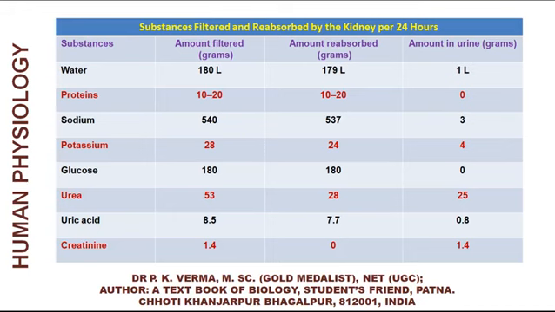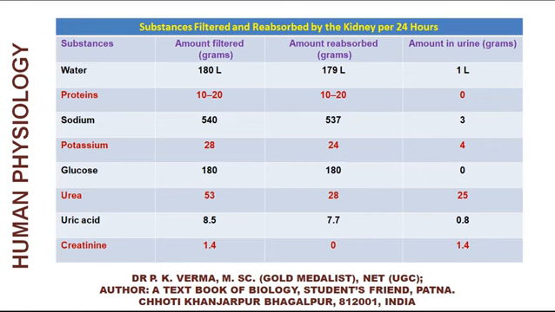As compared to it, potassium, that was 28 gram in 180 liters, absorbed 24 gram, and so 4 gram potassium was again excreted with urine. So as compared to sodium, reabsorption of potassium is poor.